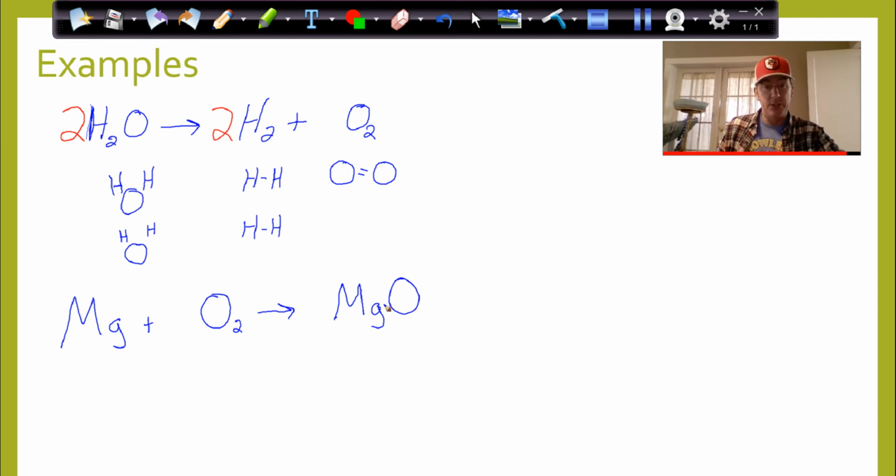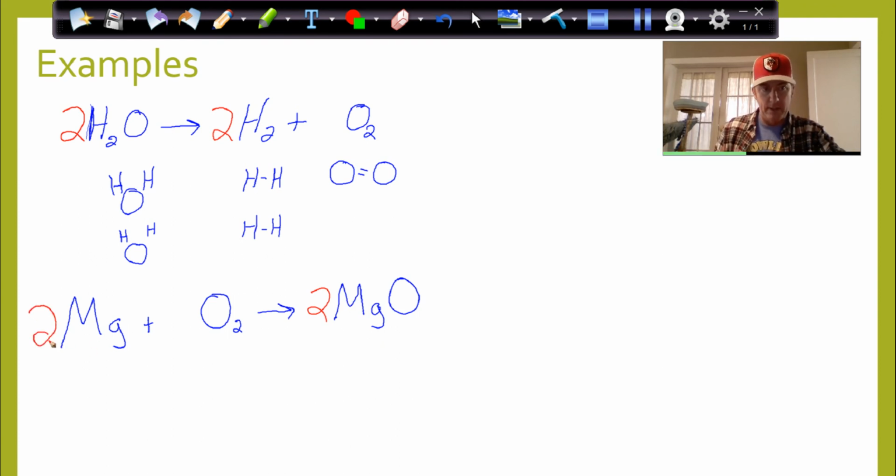Because they're making something new. It's a chemical reaction. So to balance this one, I see that I'm starting with 1 magnesium, 1 magnesium. I have 2 oxygens. I need 2 oxygens here. So 2 of those magnesium oxides will use up my 2 oxygens. But to make 2 of those, I must have 2 magnesiums to start with.